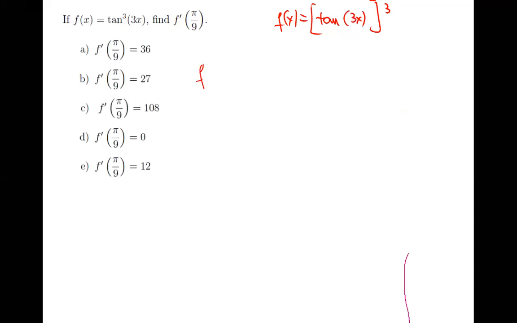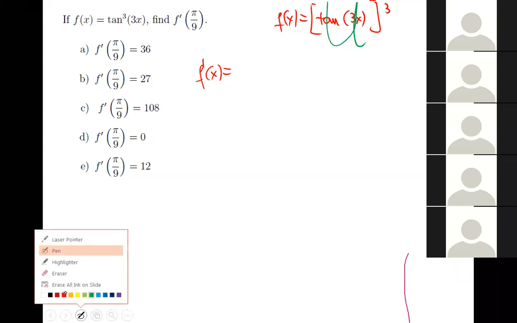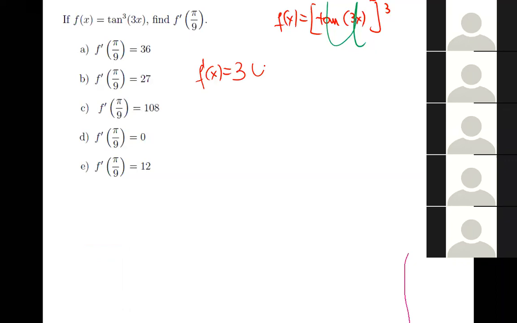That means let's differentiate quantity to the power of 3. The derivative of, let's say, I was using u in my session, u cubed will be 3u squared, and following the chain rule, times u prime.